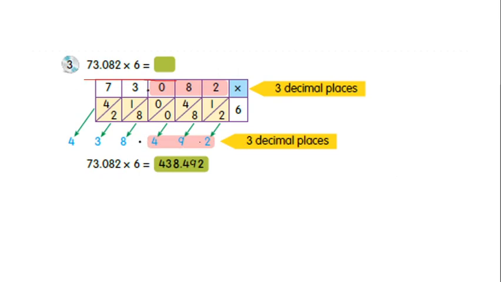It has to follow the decimal places given. Itu saja perbezaannya. Ada titik perpuluhan dan kena tahu berapa tempat perpuluhan yang terlibat. So for this one, it has 3 decimal places, so the answer also has to be 3 decimal places. Mesti ada 3 tempat perpuluhan juga.